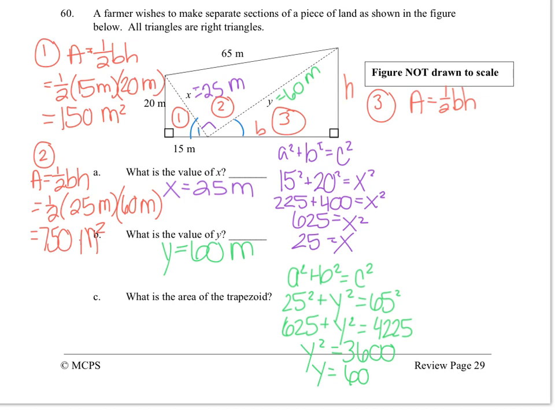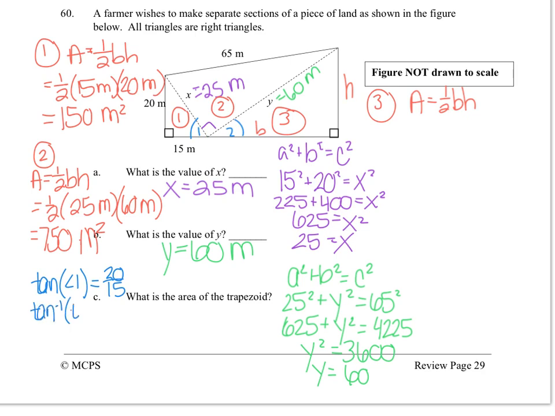So I'm going to label this angle 1 and angle 2. Let's start with angle 1. I know my opposite side and I know my adjacent side. So I could use trig and say the tangent of angle 1 is going to equal 20 over 15. In order to isolate angle 1, I need to do the inverse tangent.